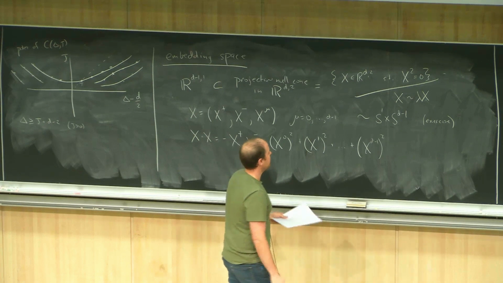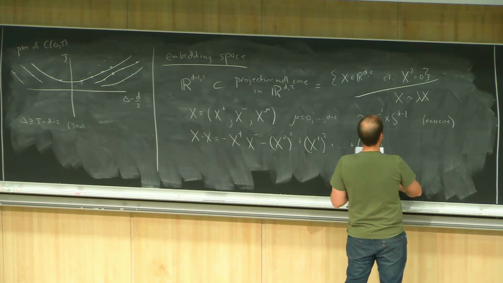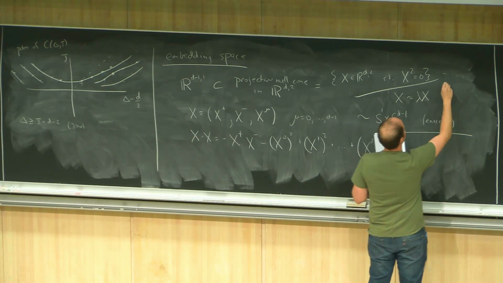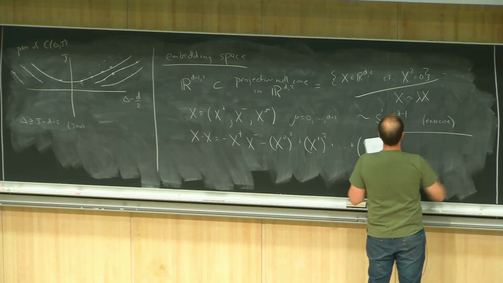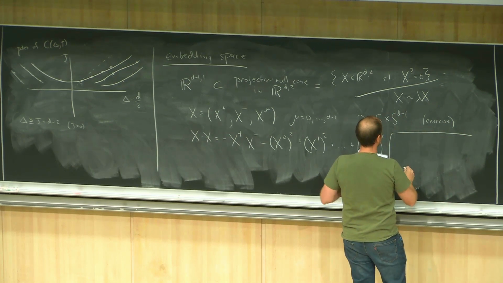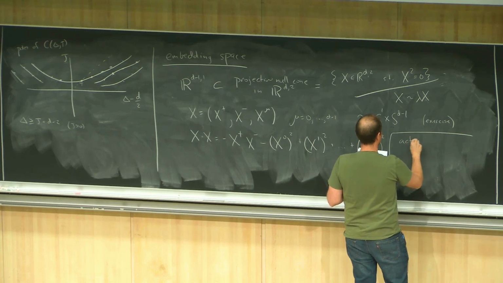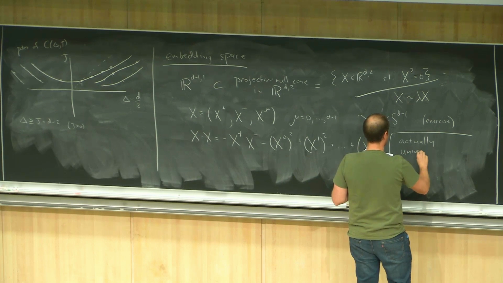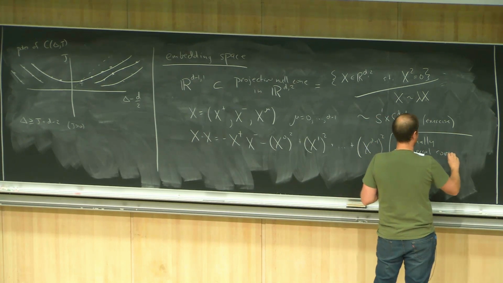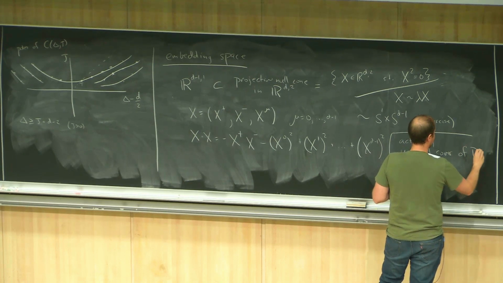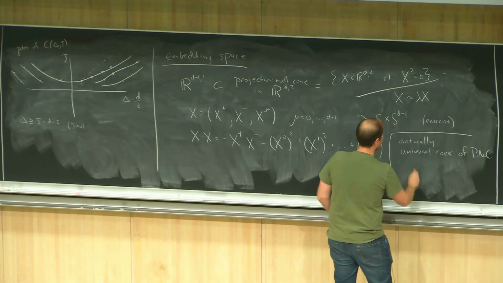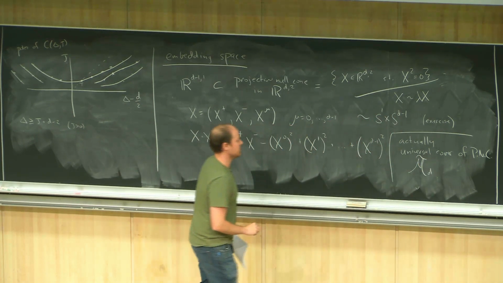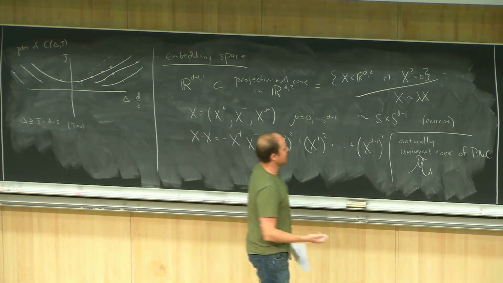So the actual space that a Lorentzian CFT lives on is the universal cover of the projective null cone, which is sometimes written like this. Another way of thinking of it is it's the universal cover of conformally compactified Minkowski space.